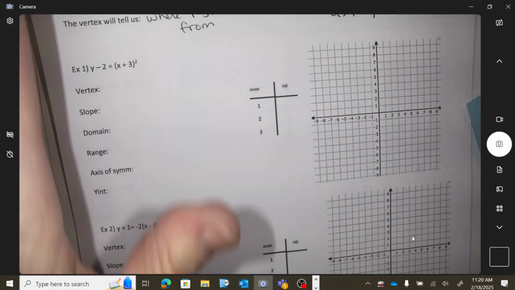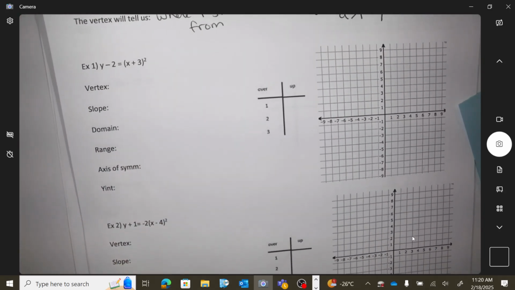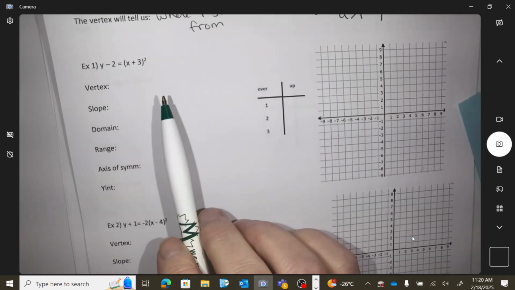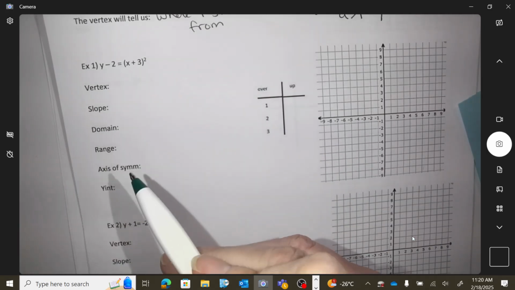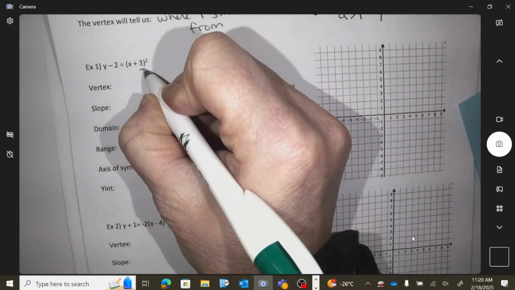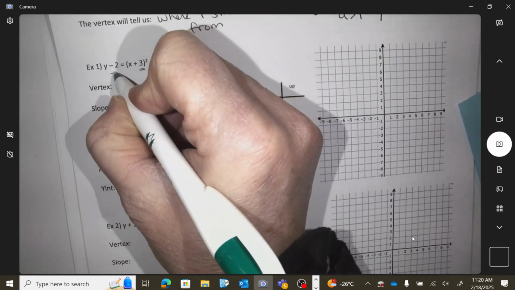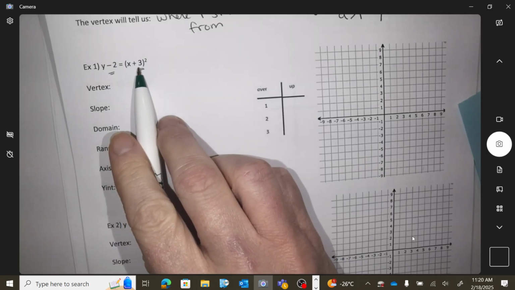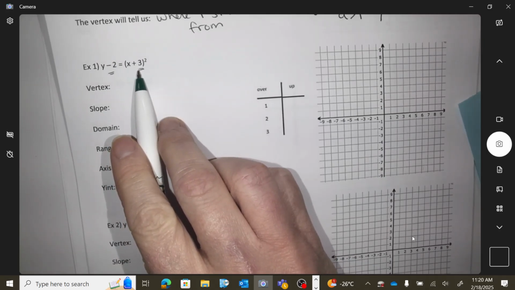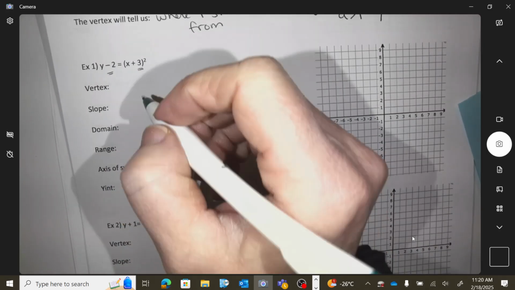Okay, here we go. Question 1. Here's your equation. What's the vertex? So I'm looking at this position with the x and then this position with the number. So should I take this 3 as a 3 or an opposite 3? Opposite.